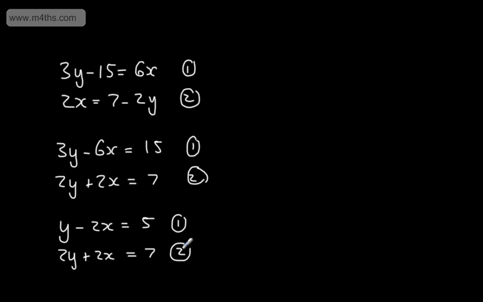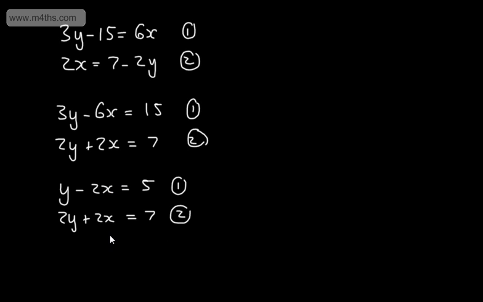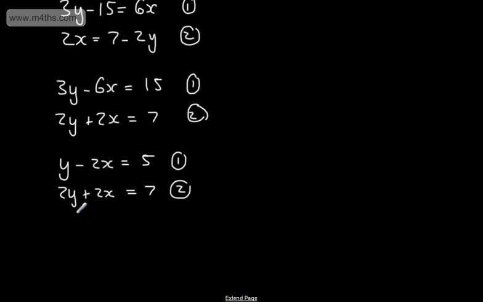So at this stage we have the x's the same. The signs are going to be different, so we add them. So we do 1 plus 2. That's 3y is going to be equal to, these will eliminate, 12, and y will be equal to 12 over 3, which is 4.